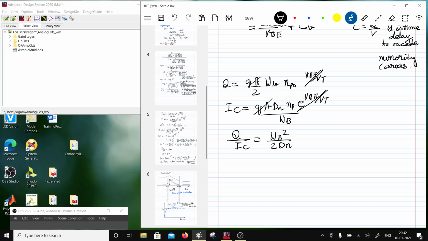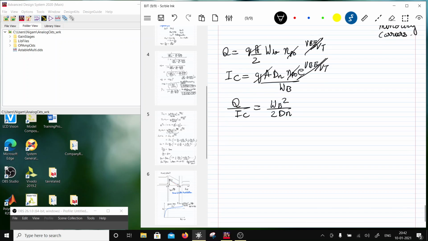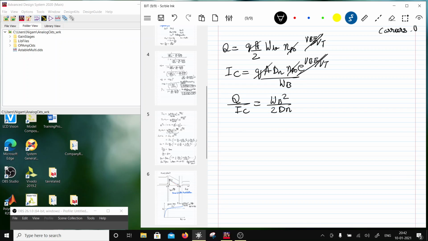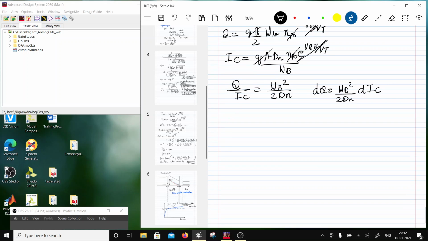This NPO will also cancel out, right? So this will be the slope. This for a small signal can also be written as dq by dIC, so WB square by twice of dN.